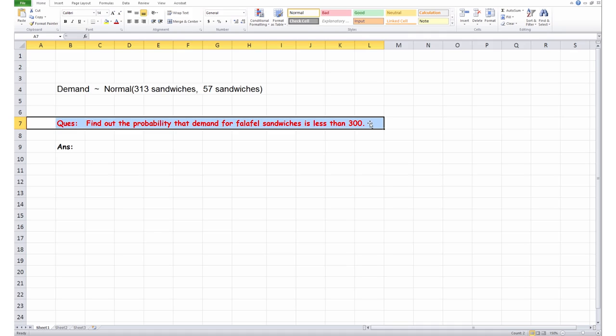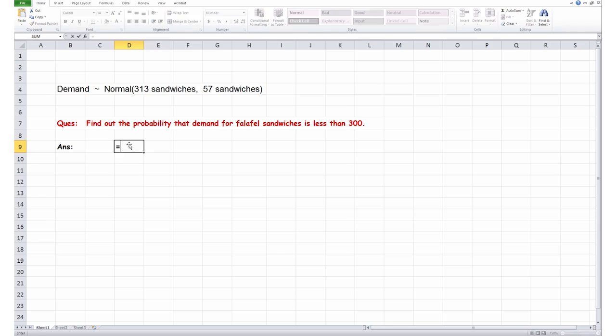We do this by using the norm.dist command. So, is equal to norm.dist open parenthesis the number to the left of which we wish to calculate the probability, in this case it is 300, comma the mean of the normal distribution 313, comma the standard deviation of the normal distribution 57, comma then the word true, close parenthesis.